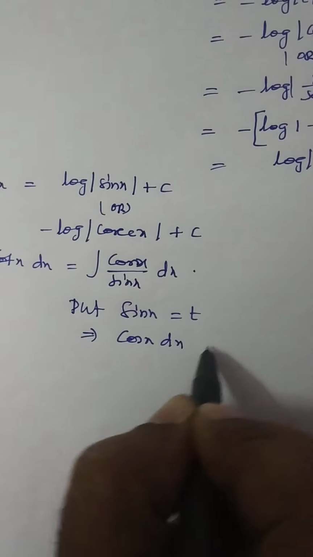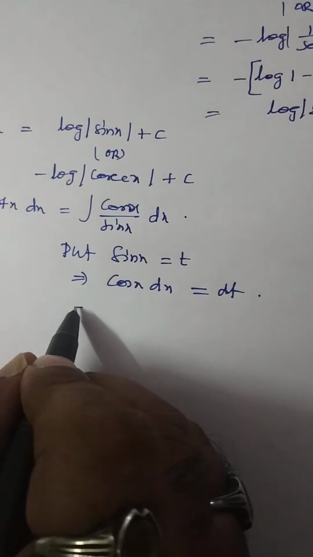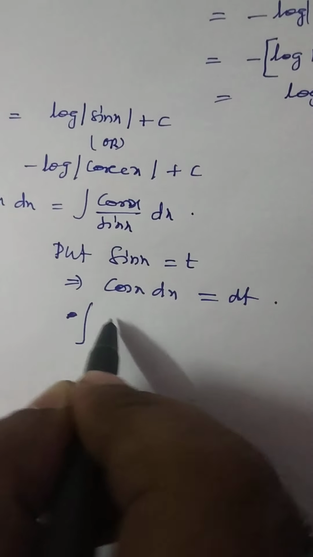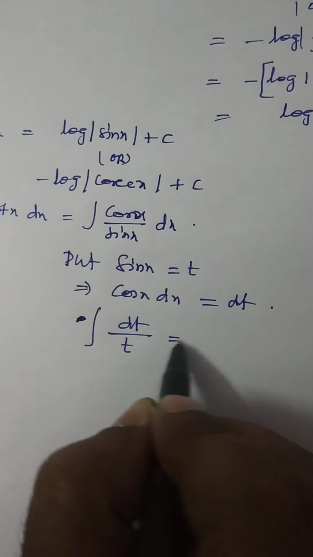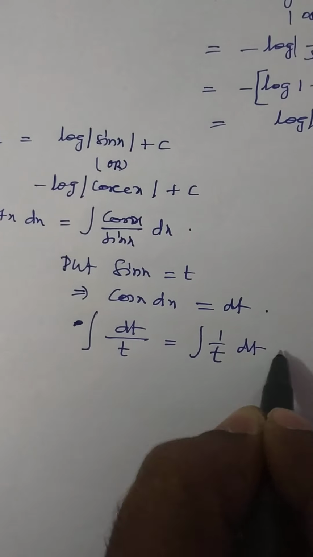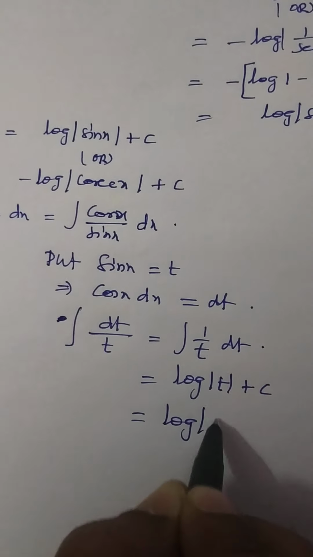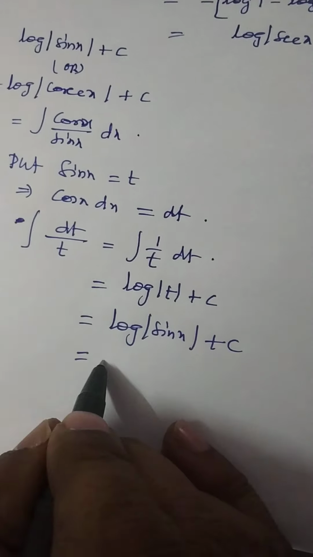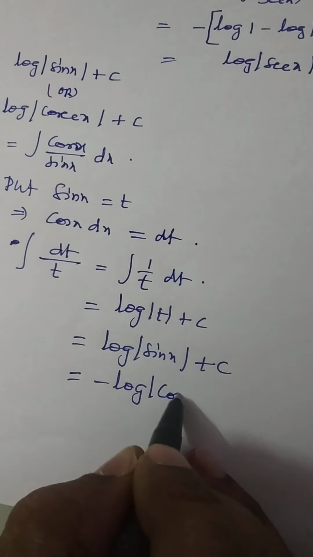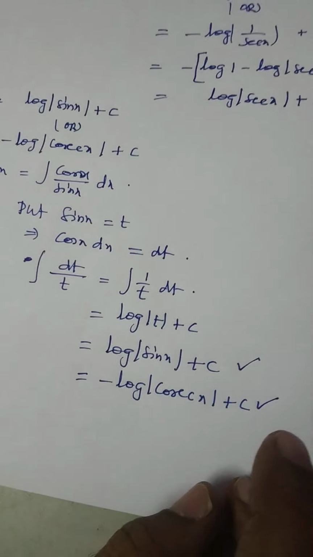So cos x dx is equal to dt. Going back to the given function, integration of cos x dx is dt, and the denominator sin x we had assumed as t, which is 1 by t dt, nothing but log of t plus c. So t is log of sin x. Again, by applying the same logarithmic property, sin x is 1 by cosecant x, so we get this formula as minus log of cosecant x plus c. Either this or this formula we can apply here.